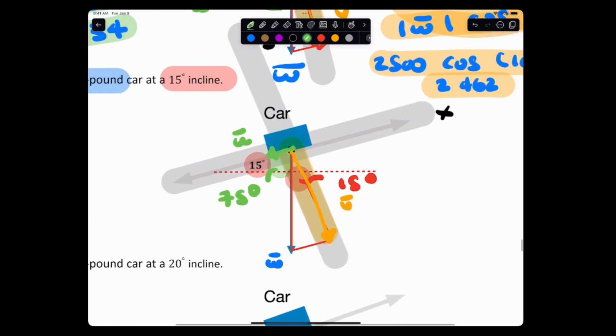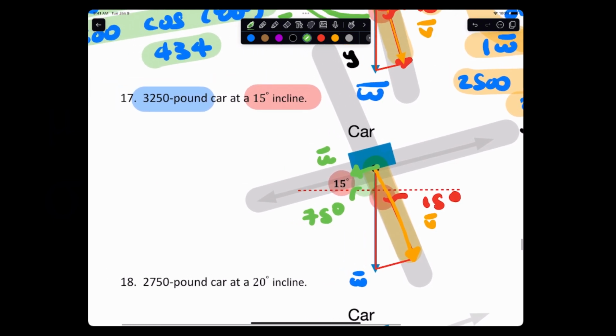So in this example, the 3,250 pound weight, that's the length of vector W, 3,250.